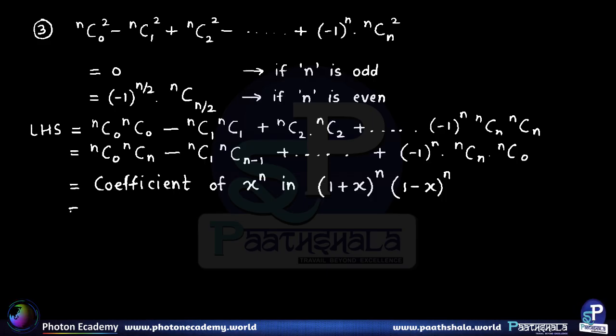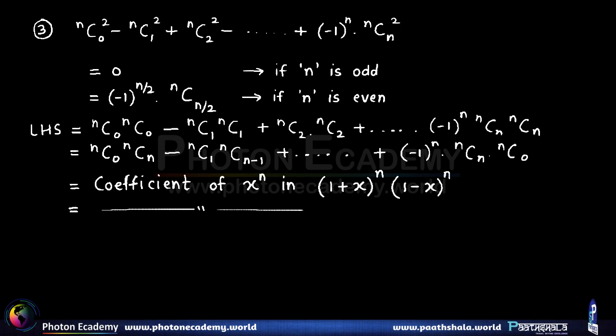So this in turn equals the coefficient of x raised to n in, we can club (1 plus x) and (1 minus x) into (1 minus x square) the whole raised to n.